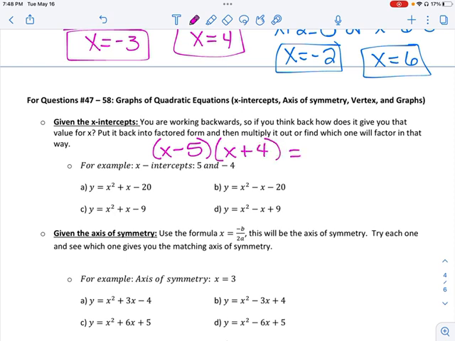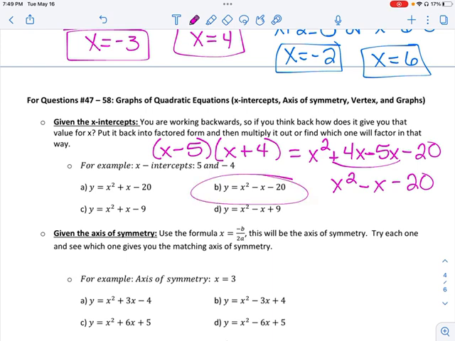Now, if we just re-FOIL that, we would get x squared, and then plus 4x minus 5x and minus 20. We'd combine our like terms, and we would get x squared minus x minus 20, which would be B. And that's how you would do that process if given the x-intercepts.